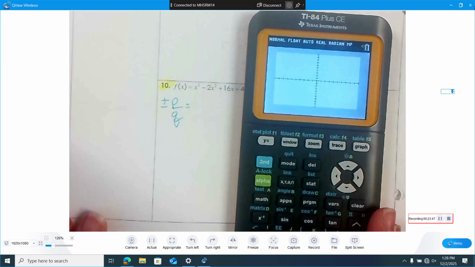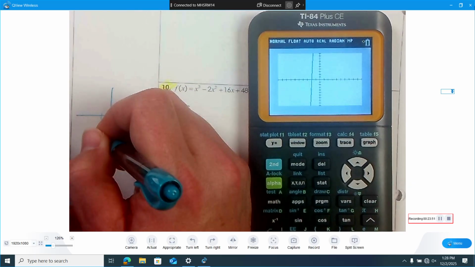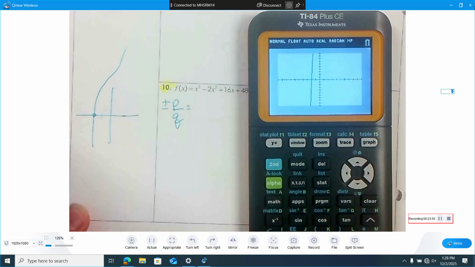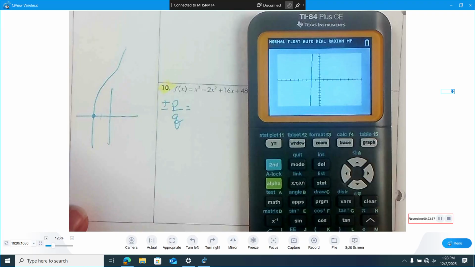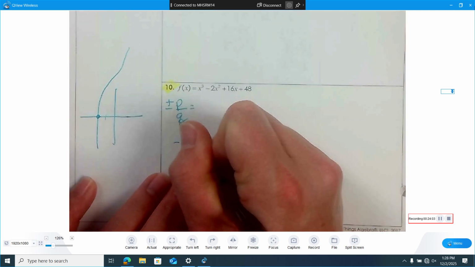All right. So I'm going to look at my calculator and I see my nice little graph here. And it is something, oh, wow, that's interesting. It only crosses right there at negative 2. So that's what I'm going to have to use to get me started here.